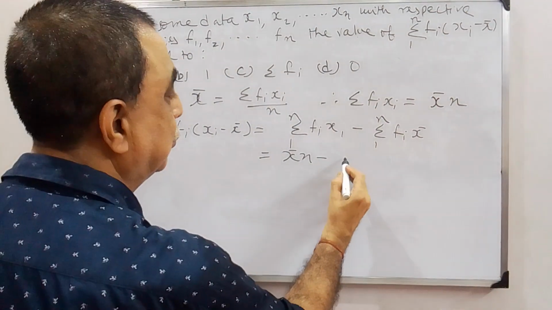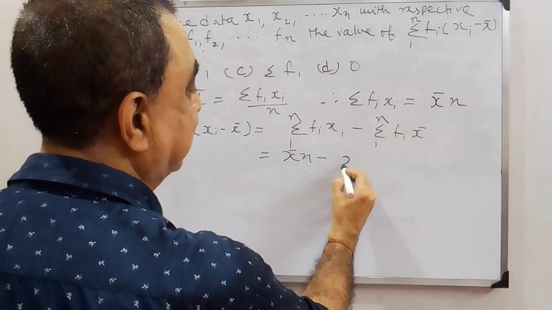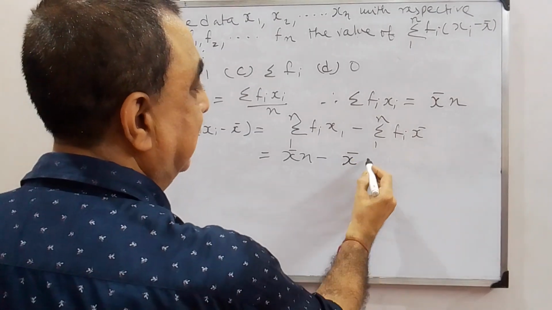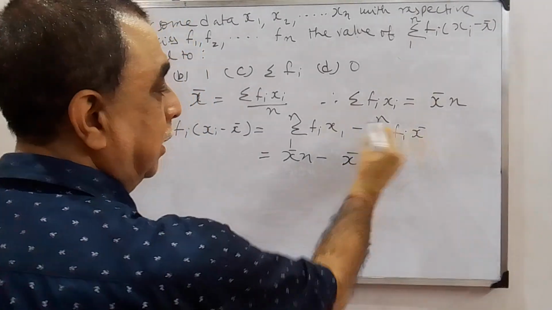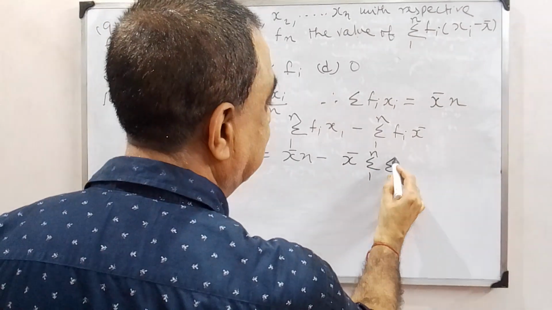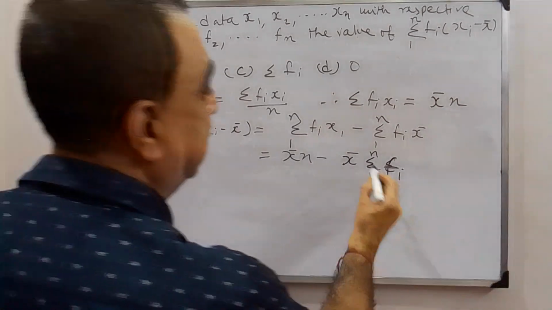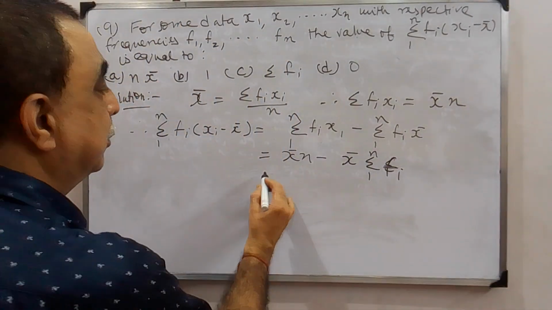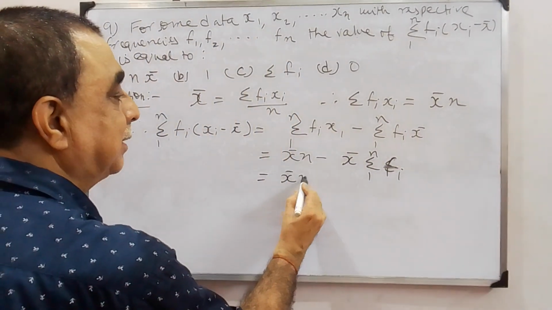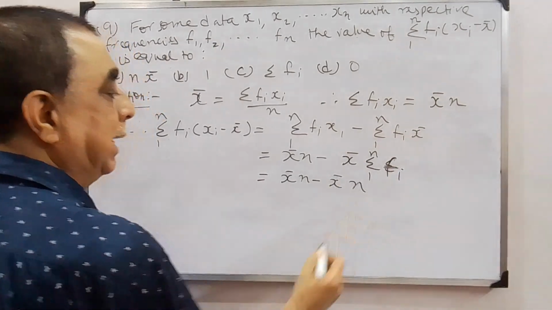In the second, x dash will come out, and the summation of fi means n, so this is x dash n. So x dash n minus x dash n is equal to 0.